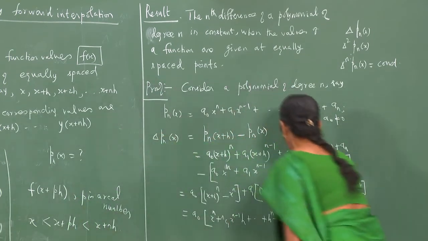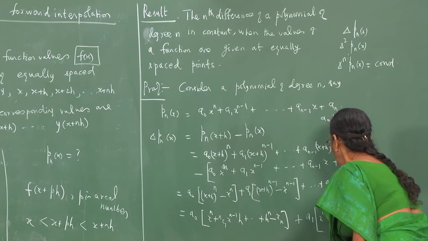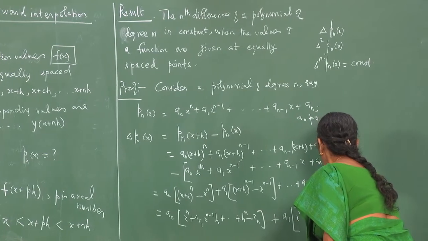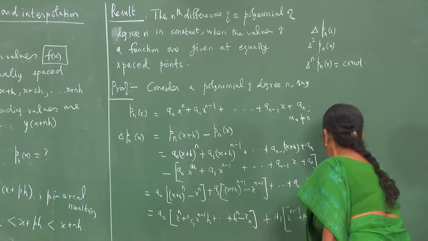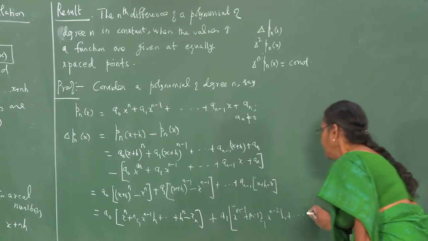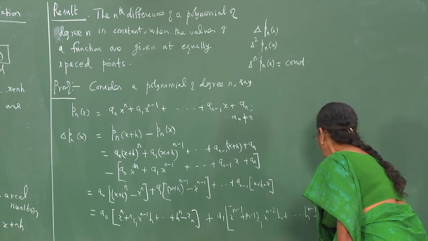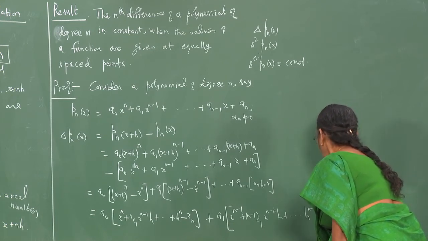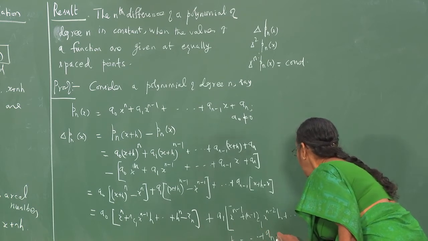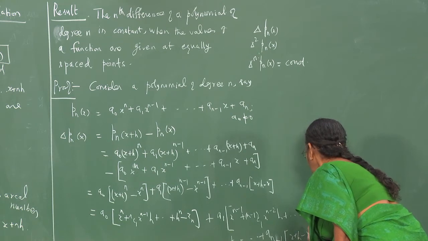Then the next term is a1 into x power n minus 1 plus n minus 1 c1 x power n minus 2 into h etc. And then the last term is h power n minus 1, then minus x to the power of n minus 1, and so on, plus a n minus 1 into x plus h minus x.